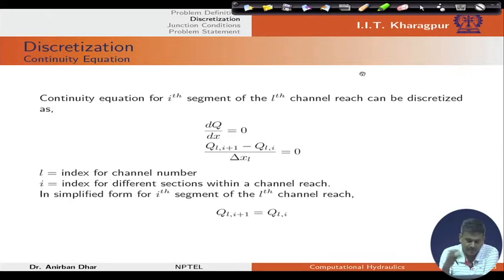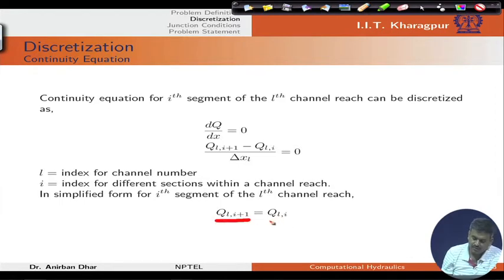Now, in simplified form we have, for the ith segment of the Lth channel, this equation. Now, we will not consider a constant value corresponding to this, and we are not going to solve the same set of equations that we have solved in our previous case. We need to consider these two terms as variables. So, we will not assign any value, or we do not have any value for our system.